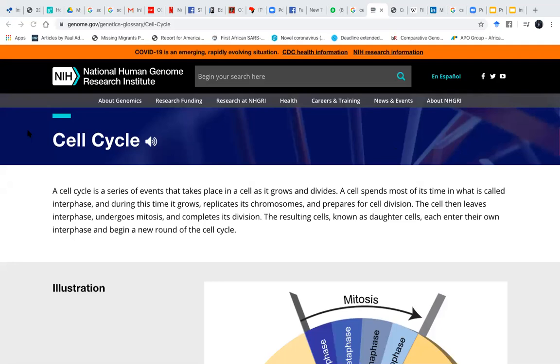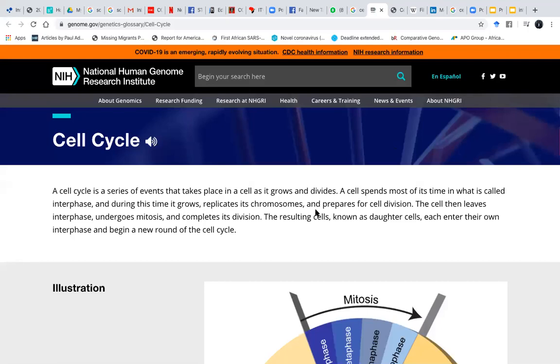So in essence, the entire cell cycle refers to two major key processes. The first one is growth, while the second one is division. So when something grows, it increases in size. But when it divides, it increases in number. So the growth in size and division, which is increase in number, make up the cell cycle.